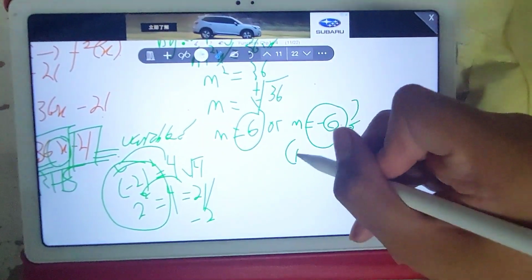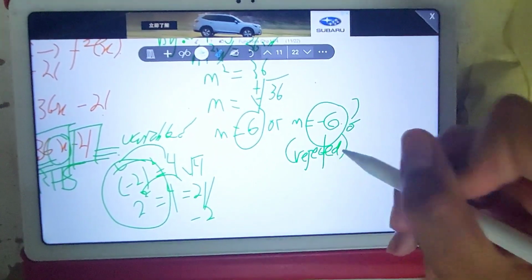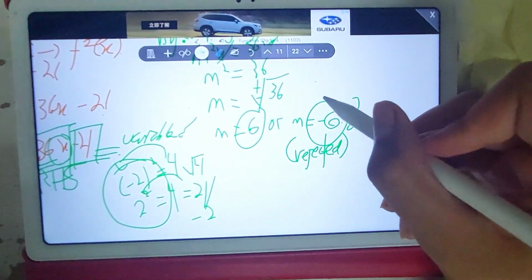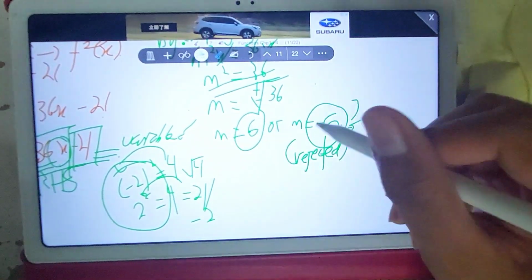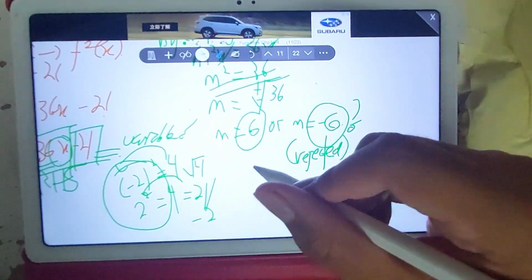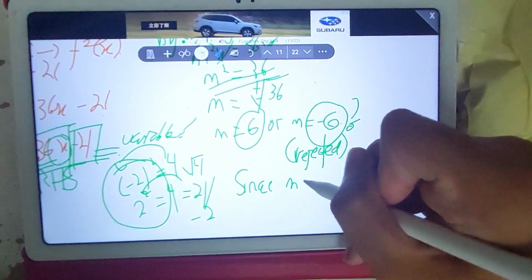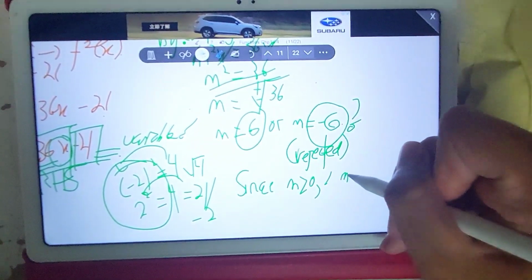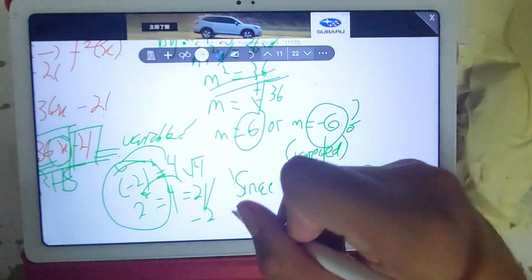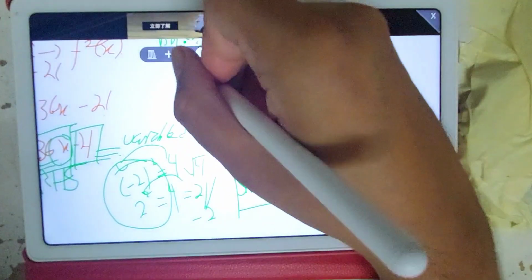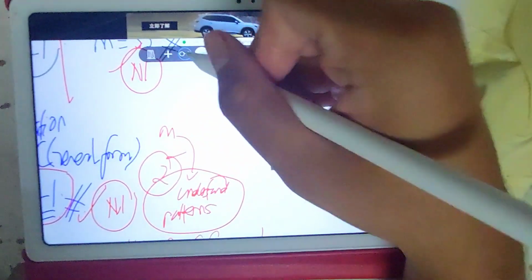That's why I will put here rejected, because based on the question, this cannot be accepted. In the mathematical way, you can get two m values, but to satisfy the question, you will conclude that m can only be 6. So you tell the examiner, since m is greater than 0, therefore m is 6. Just to alert the examiner that you know what you're doing. So how to find your n now? Let's see.